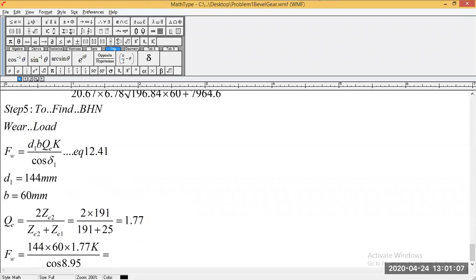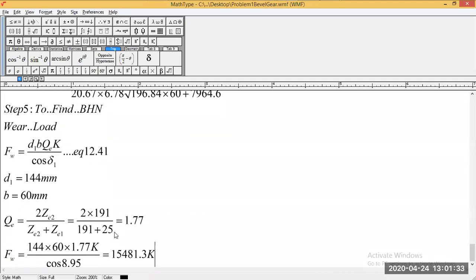So from this we'll get our FW. So let's calculate this. 144 into 60 into 1.77 over cos 8.95. We have 1548.3 K.